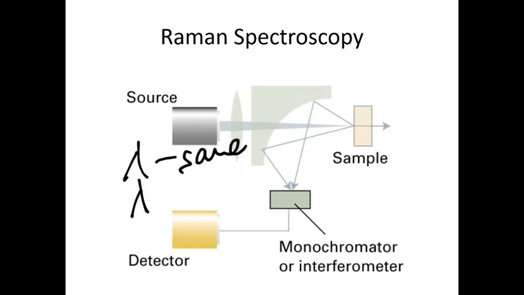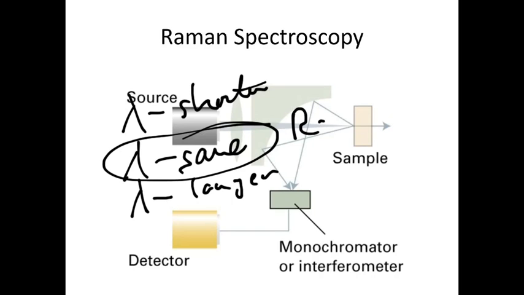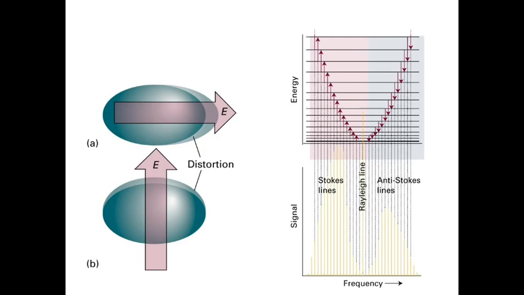The wavelength could get longer if energy is lost, or the wavelength could get shorter if energy is gained. So the Rayleigh light is this reflection of light with the same frequency, and that shows up here in the middle of your spectrum.